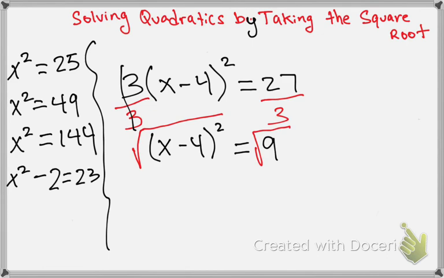And remember, it's a positive or negative square root when you're squaring. That's just going to leave us with x minus 4 is equal to the positive or negative square root of 9. So I'm going to write that, positive 9, and break it up into 2.